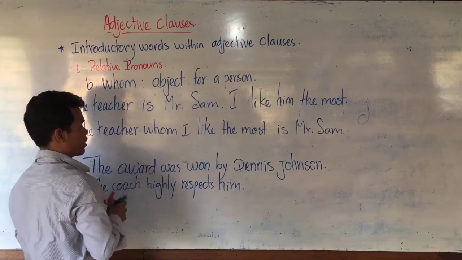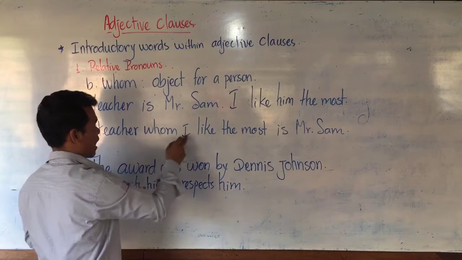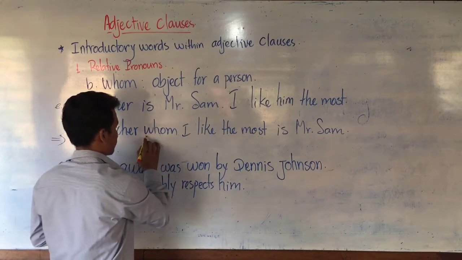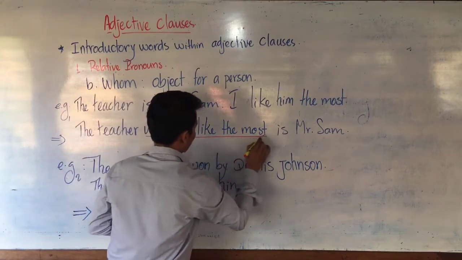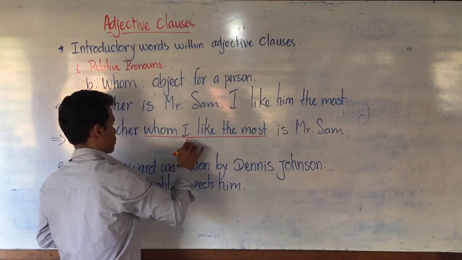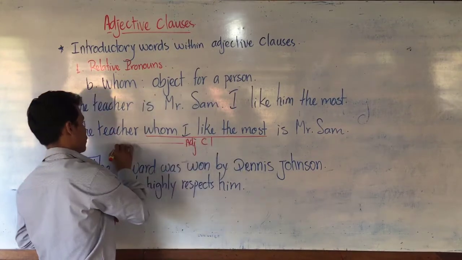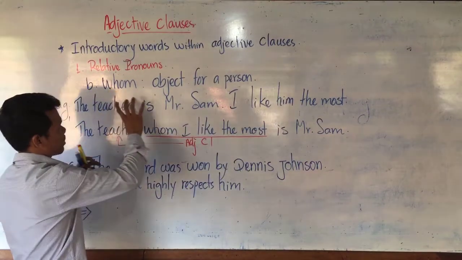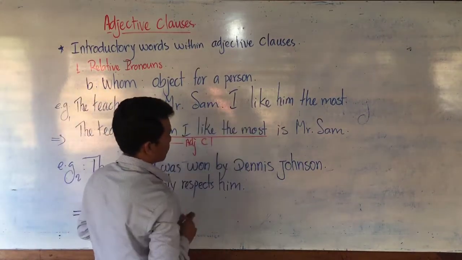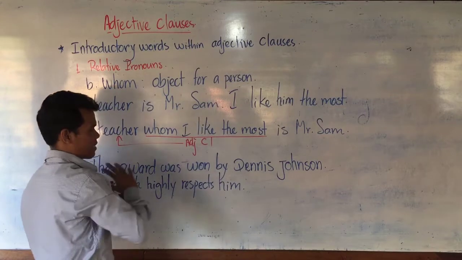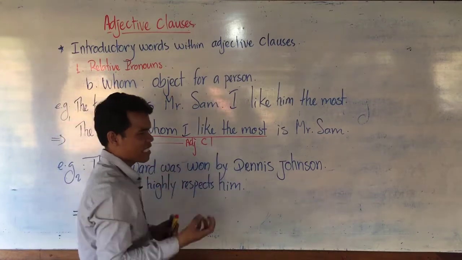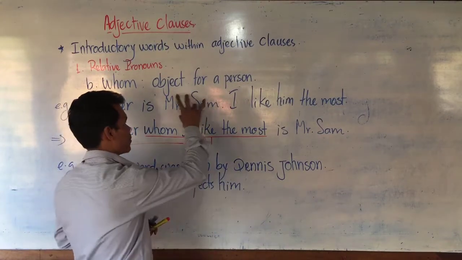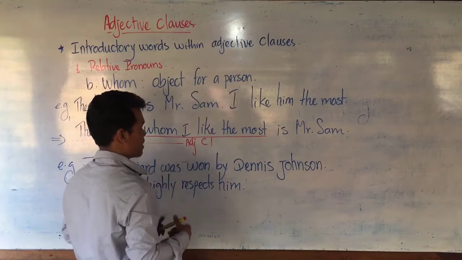So where is the adjective clause? Whom is the object, I is the subject of like. So the adjective clause is from whom to I like the most. It modifies the teacher is Sam. Can I write the teacher is Sam whom I like him the most? Well, as I said earlier, it does not really sound nice when you use Mr. Sam as an antecedent.